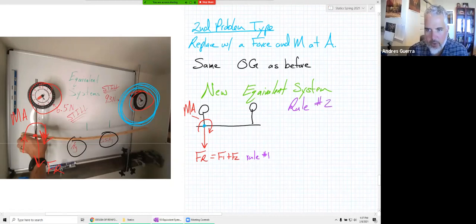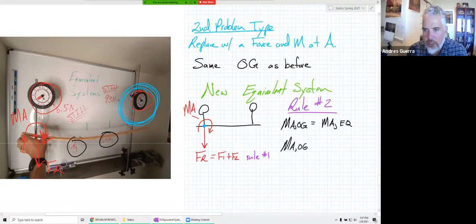where the moment about A in the original has to still be the moment about A in the equivalent. And so if we went back to our moment about A in the original, wasn't that a minus F1 times D1 minus F2 times D2?